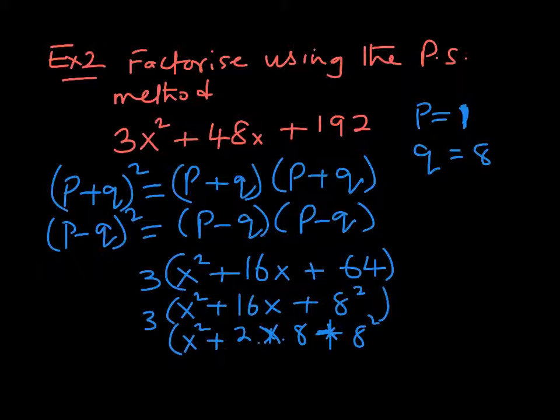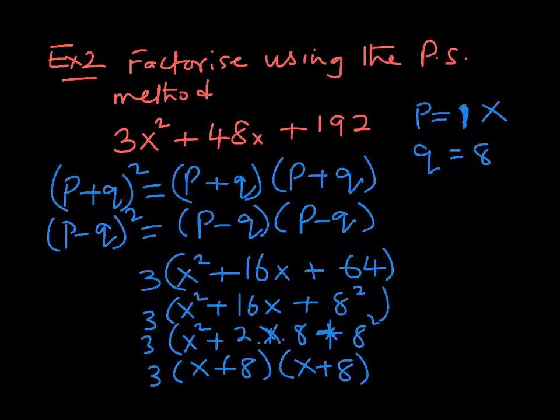Now we have written it in the form of the perfect square, completely expanded. So we know that p is x and q is 8. Therefore we're going to say this is 3 into x plus 8 into x plus 8.